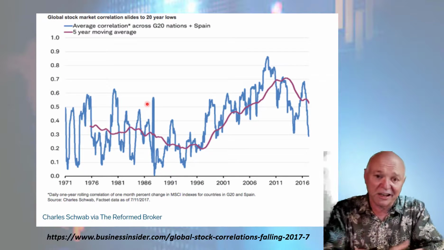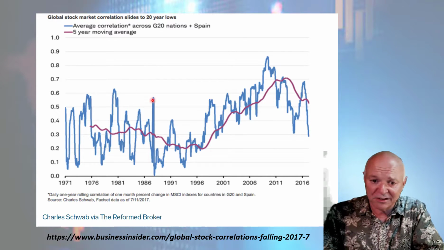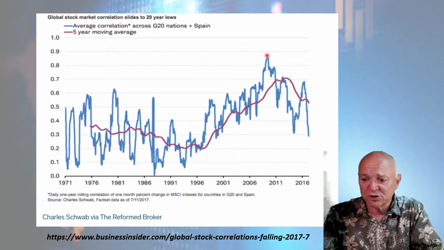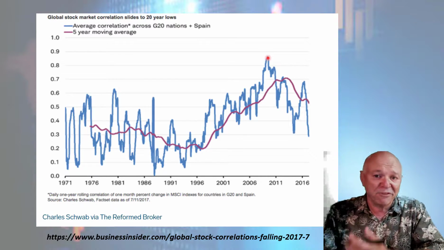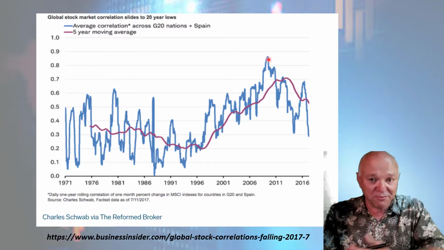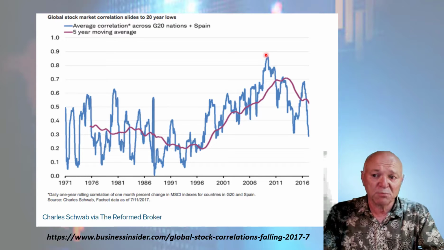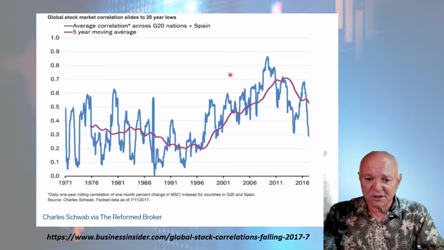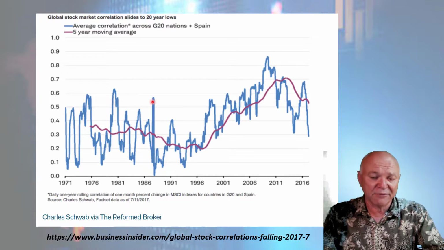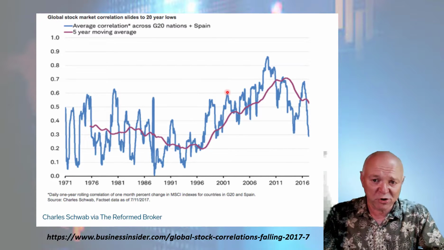If we take a look at the history of stock market correlation, with this blue line representing the years in which we've seen high correlation coefficient, for example 2008, 2009, we had a very high correlation coefficient because of the financial crisis, with most economies doing particularly badly and doing badly together. Perhaps some of these other years, 1987 when we had Black Monday, or 2001 when we had the dot-com bubble, we saw higher correlation.